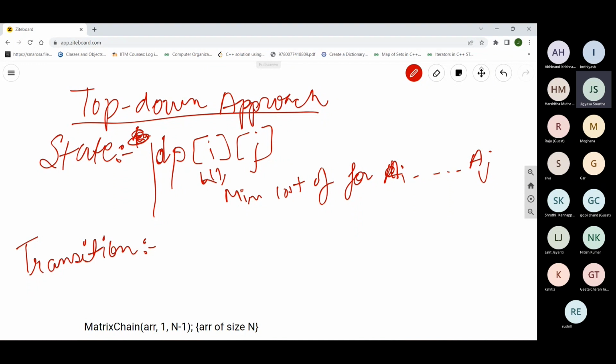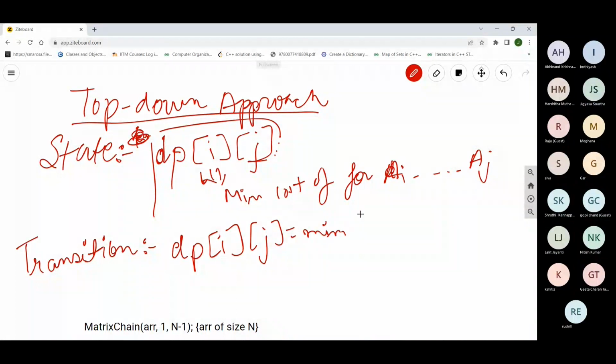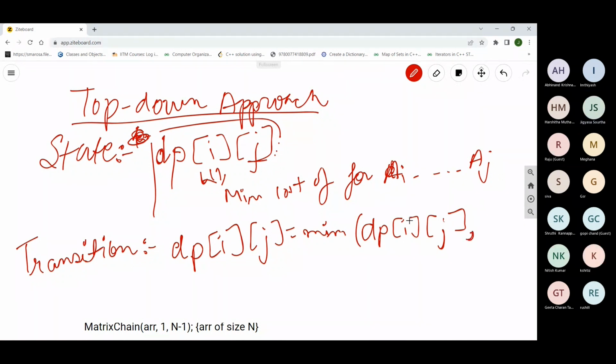The transition, as we have discussed already in the recursion, will be the same. Your DP of ij will be the minimum of DP of ij and the following split.